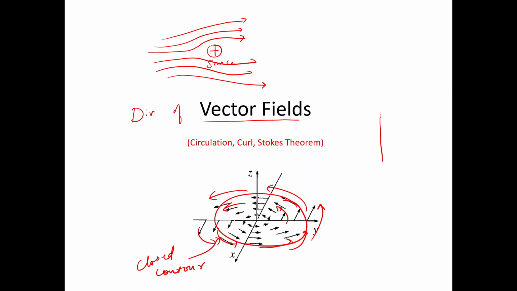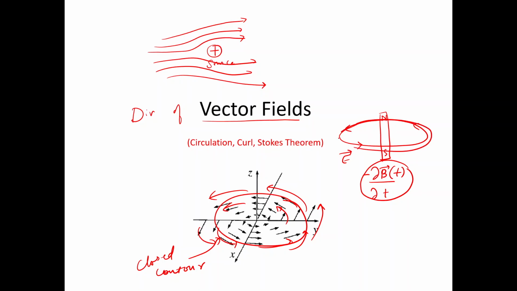For example, suppose there is a presence of magnetic field, then if there is a time changing magnetic field, it will cause the induction of electric field intensity. Or you can say the changing magnetic field induces electric field intensity, circulation of electric field intensity around it.